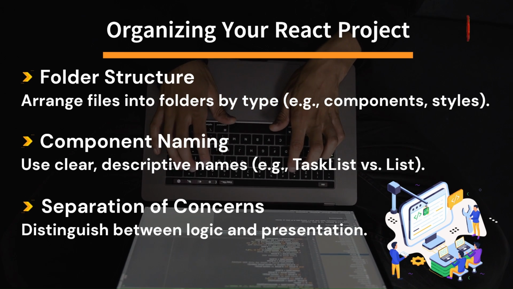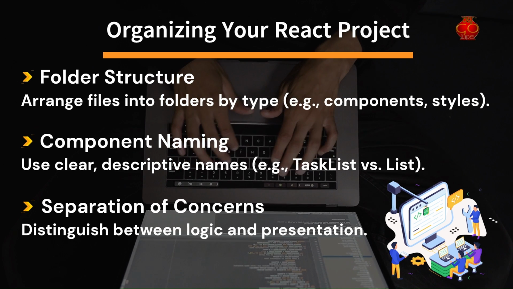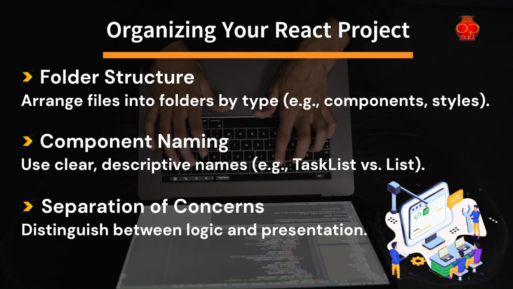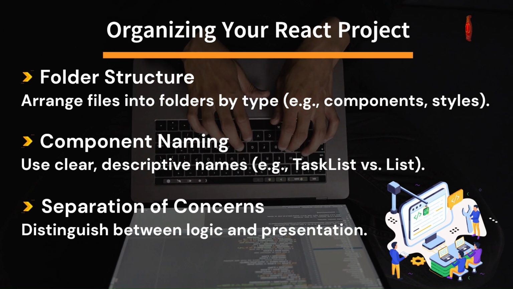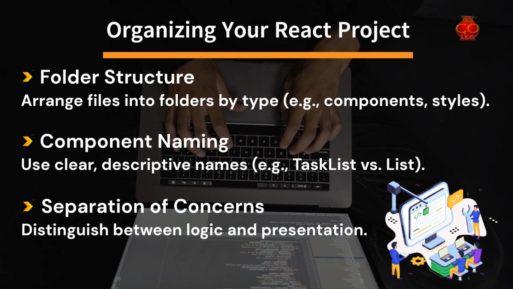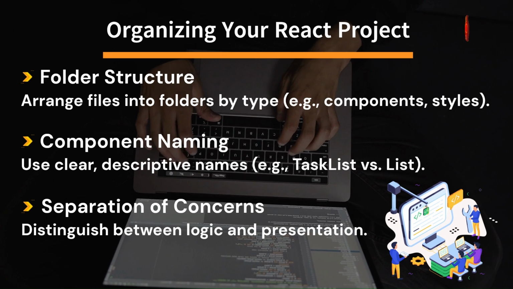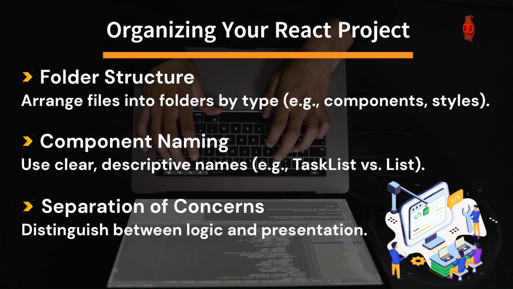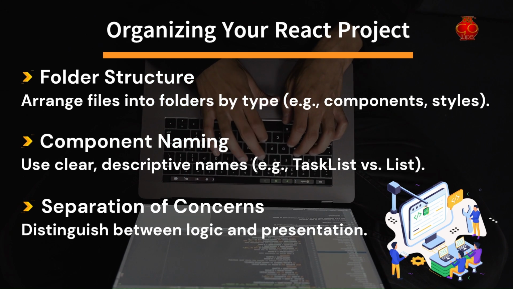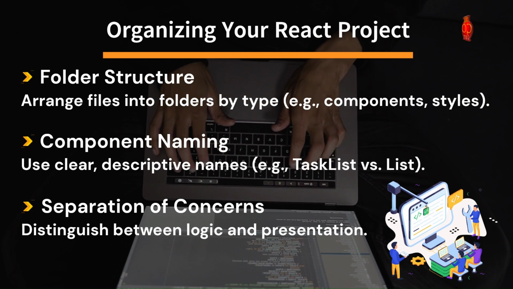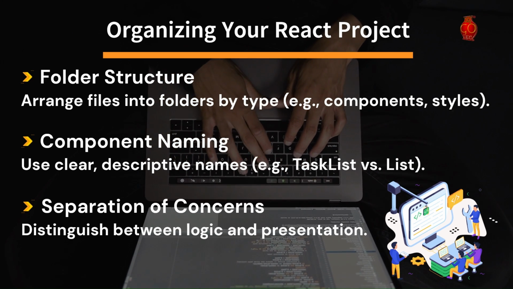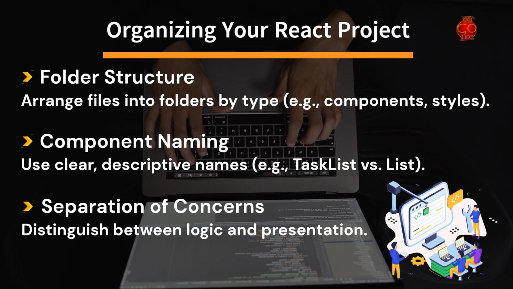Keep your logic, e.g., fetching data, managing state, separate from your presentation, e.g., rendering HTML. This makes your code easier to understand and maintain. By following these key points, you'll be able to build a simple yet functional React application. Combining components, managing state and props, handling user inputs, and organizing your project properly will help you create a robust and maintainable app.